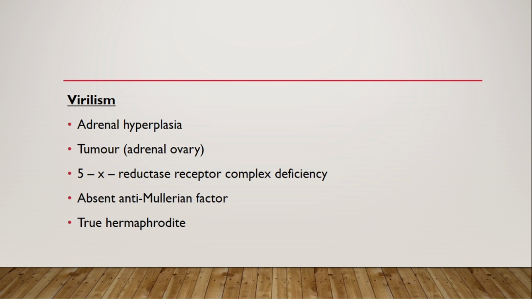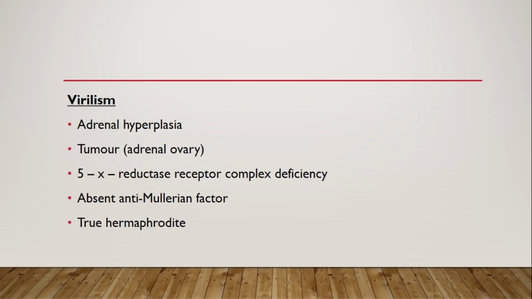The difference between adrenal hyperplasia and the tumor of the adrenal is that betamethasone suppression will cause a suppression of the steroids that are produced from hyperplasia of the adrenal. Unlike the tumors of the adrenal, because they are so high, betamethasone will not be able to suppress this.